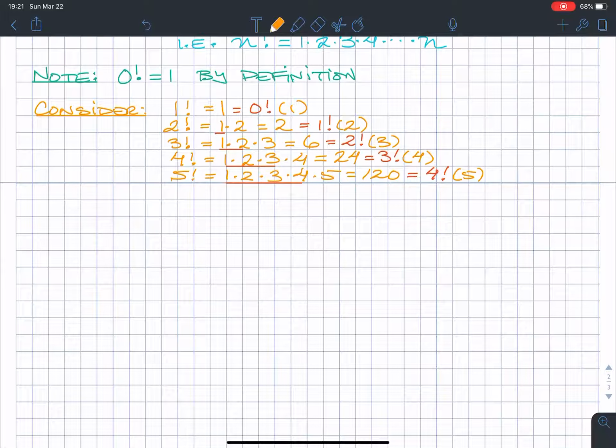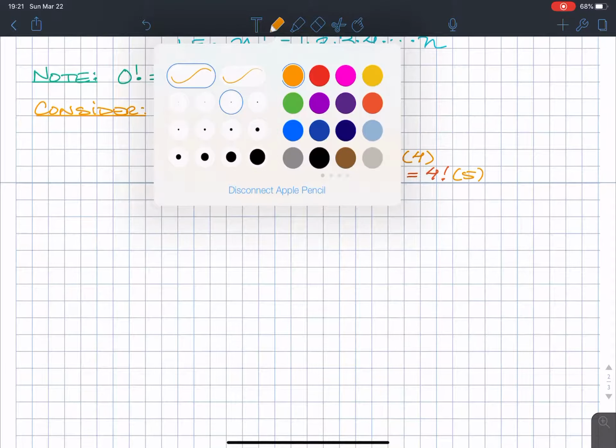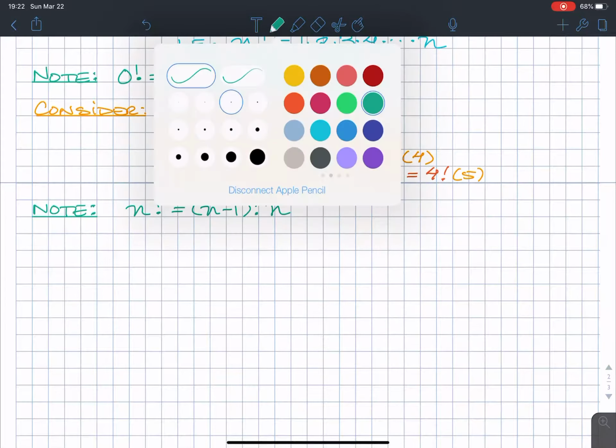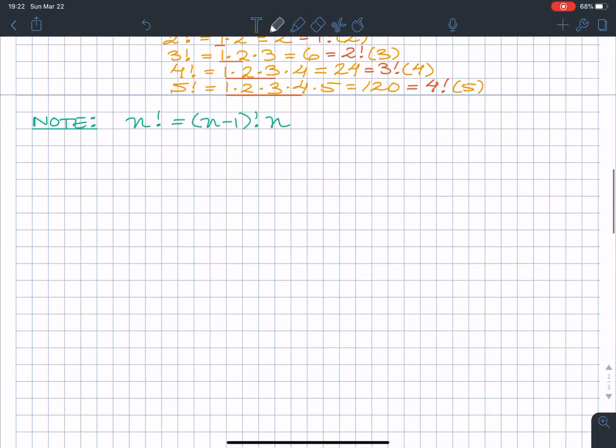So let's note that n factorial can be thought of as quantity n minus 1 factorial times n, as we saw above.